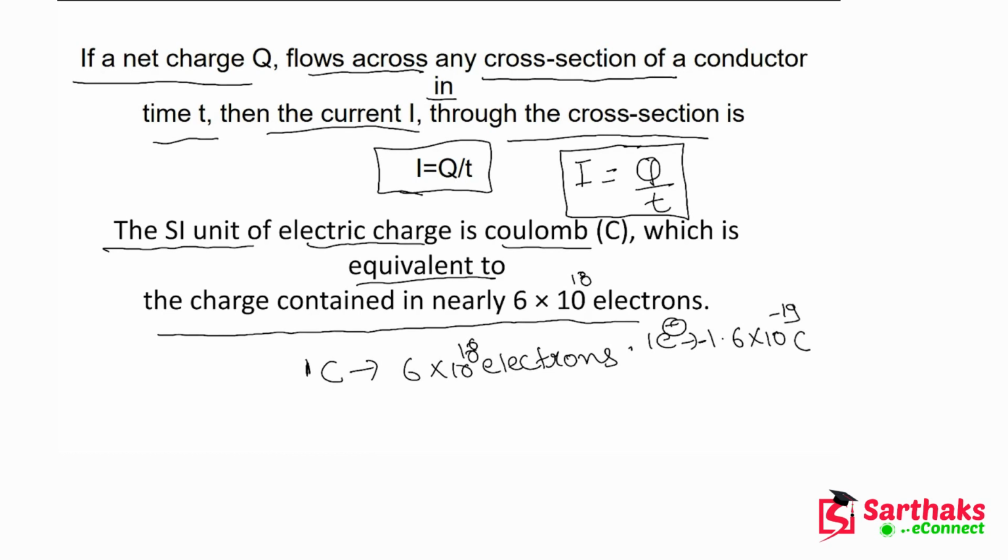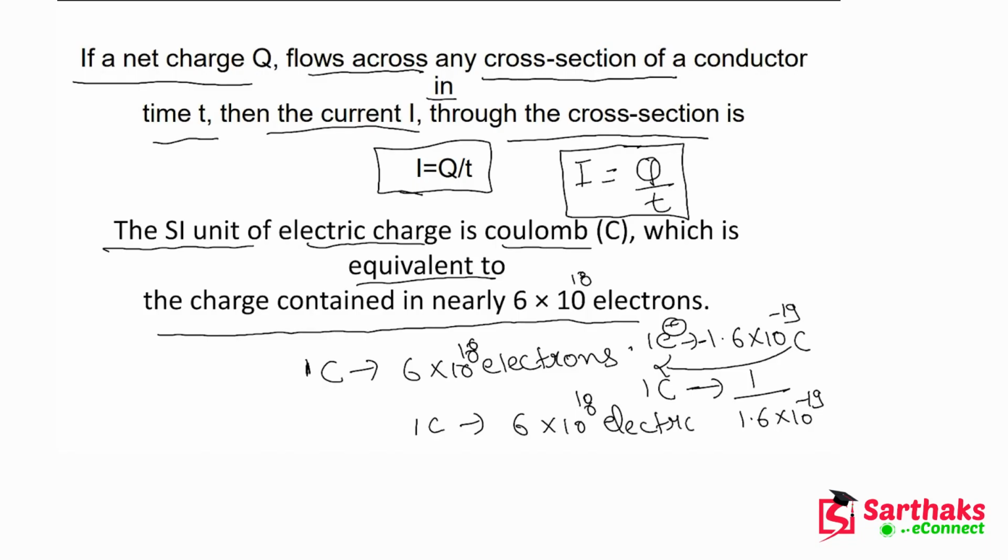So if I want to know how many electrons carry 1 coulomb of charge, I simply cross multiply and get 1 upon 1.6 into 10 to the power minus 19, and you will get the answer 6 into 10 to the power 18 electrons. I hope you got my point, and now it's time to move on to the next slide.